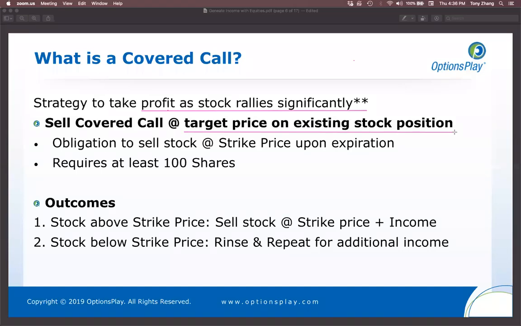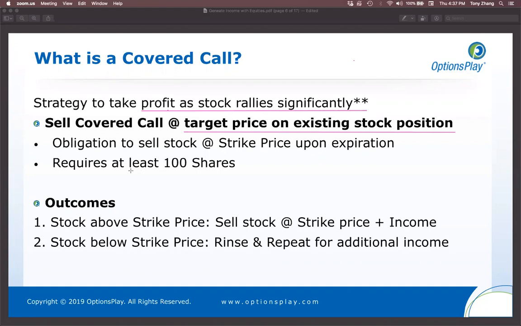Now, when you sell a covered call at the target price on your existing stock position, you have an obligation to sell the stock at that price if the stock's above that price at expiration, just like a limit order. If you place a limit order and the stock goes beyond that level, you are obligated to sell your stock at that price.